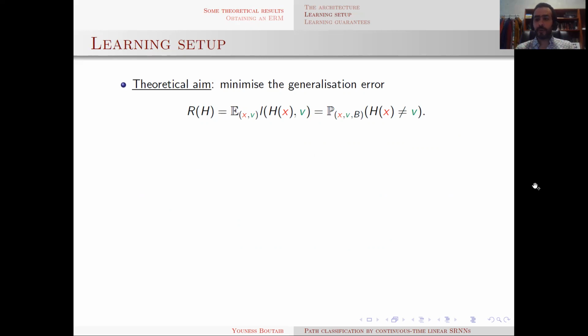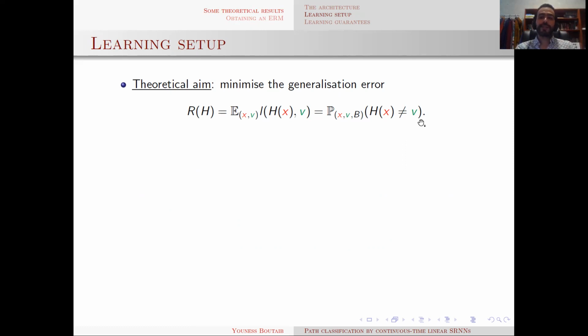So we will attack the problem using statistical learning theory, which tells us that we want to minimize a loss function, and we have to choose an appropriate loss function for our problem because the label h of x that we output is random, which is different from the classical setting where we output deterministic labels. And a suitable measure of the risk is the probability of having wrong labels, the probability of having h of x different from v.